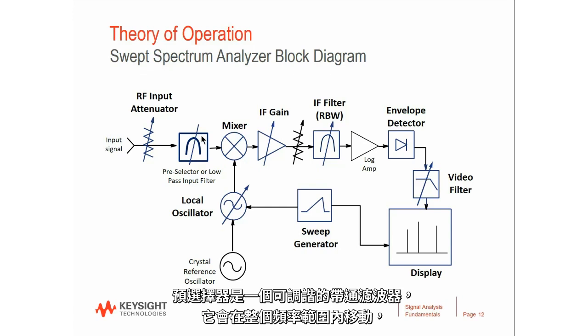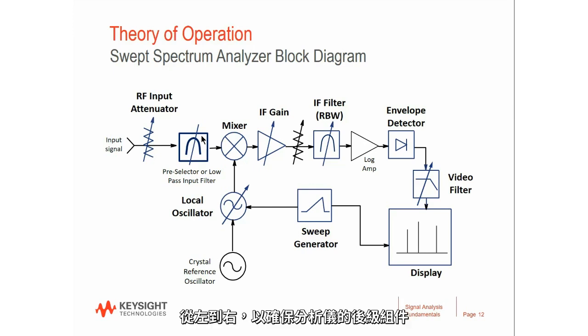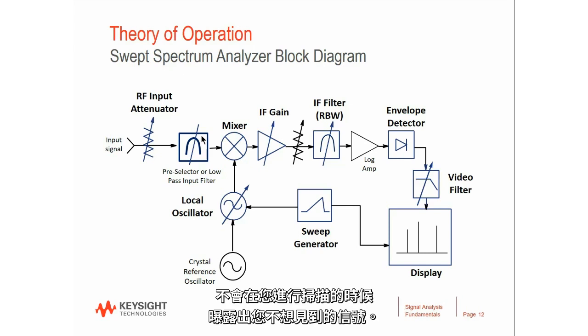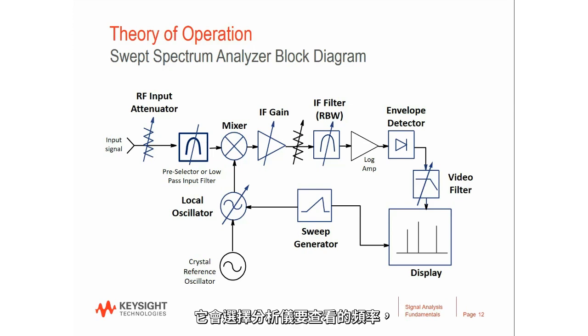A preselector is a tunable bandpass filter, and it's going to move across the frequency domain left to right, trying to make sure that the downstream components of the analyzer don't get exposed to signals that you're not looking at that particular moment in the sweep. It selects the frequency that the analyzer is looking at.